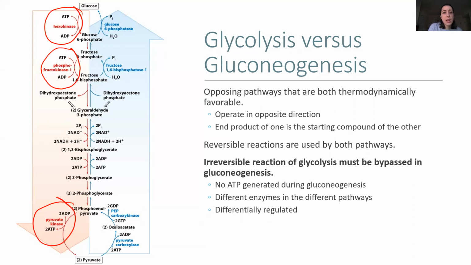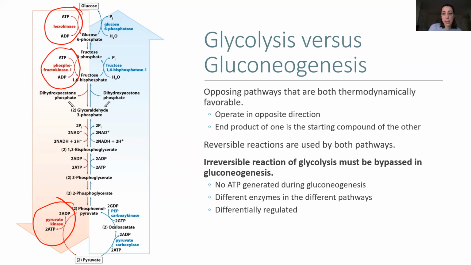You'll see all of the reversible steps of glycolysis act in gluconeogenesis. They are, in fact, reversible. They can go in either direction. However, these three enzymes are different. They have different enzymes and different pathways in gluconeogenesis, and they are regulated differently. So these are the only steps that differentiate glycolysis versus gluconeogenesis.